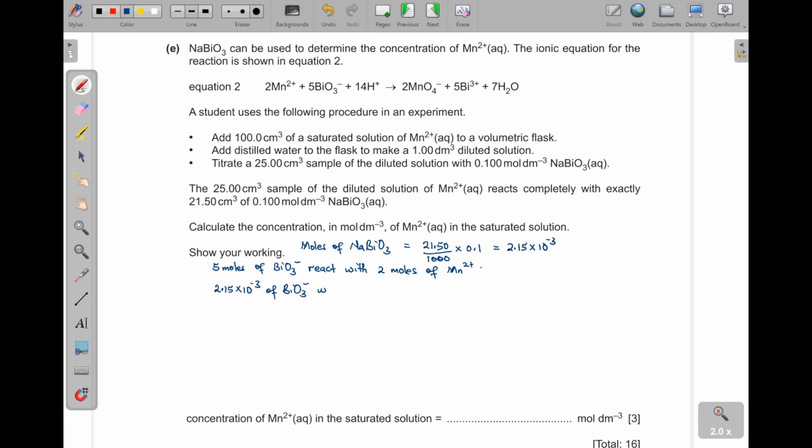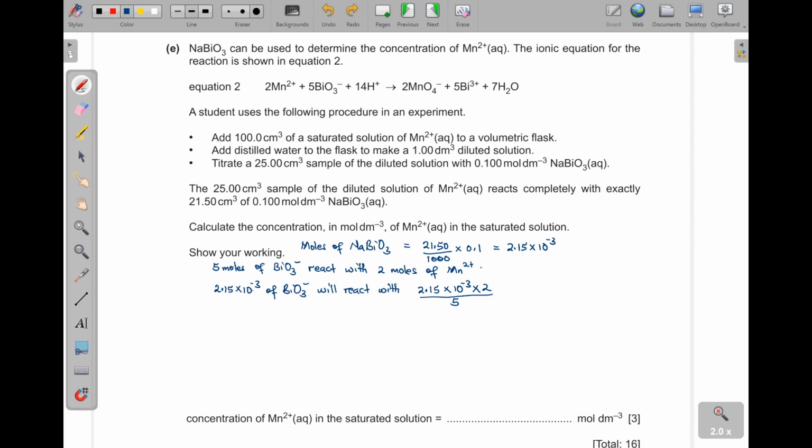It will react with this one times 2, then divided by 5. In other words, just get this times 2 over 5.